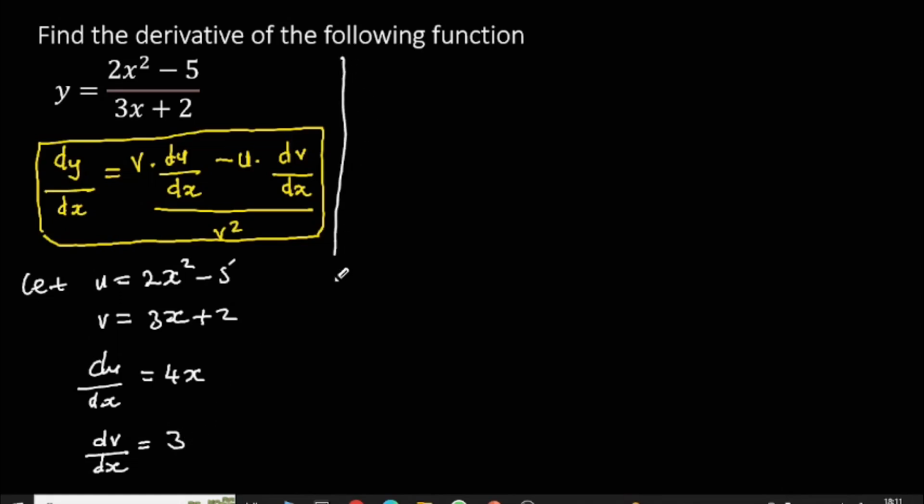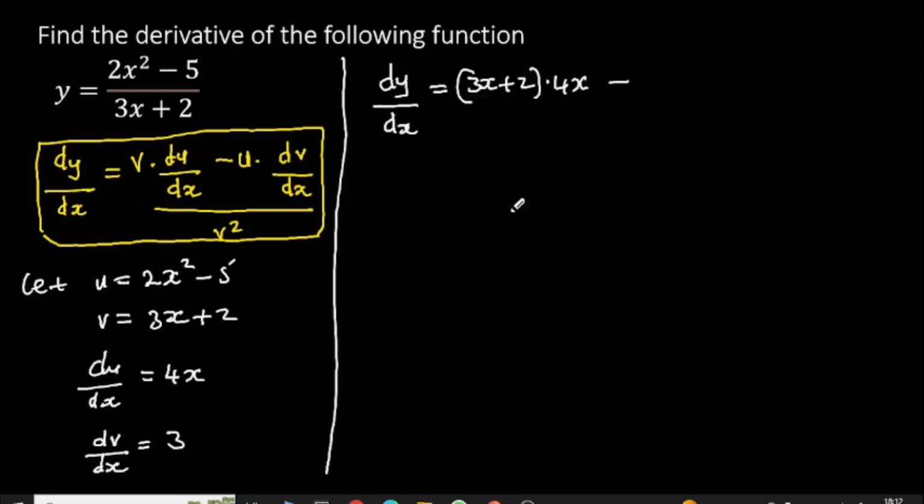Now that we have all the variables, we can substitute them in our quotient rule function. Change in y over change in x is equal to v, which in this case is 3x plus 2. You multiply by the change in u over change in x, which is 4x.